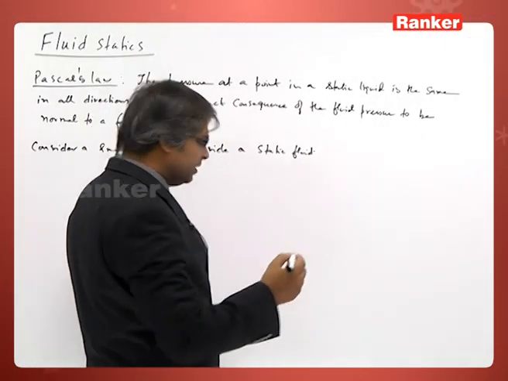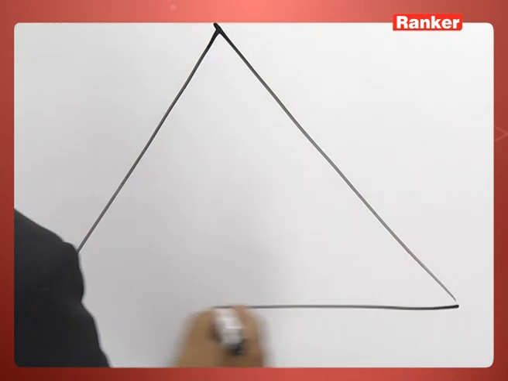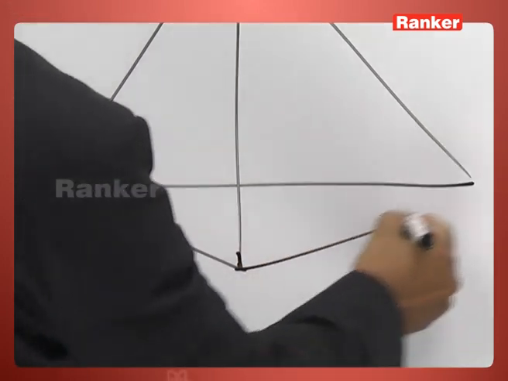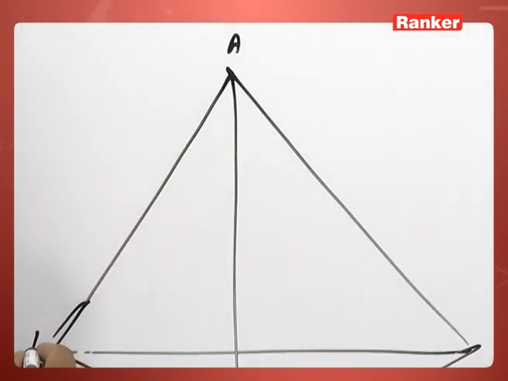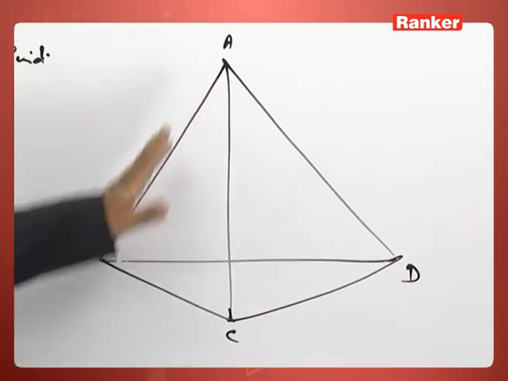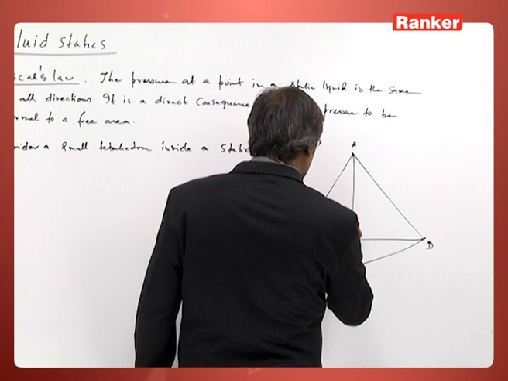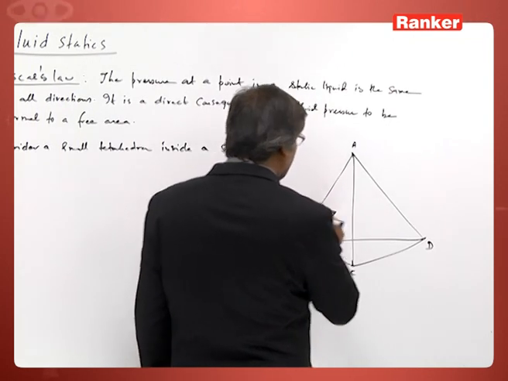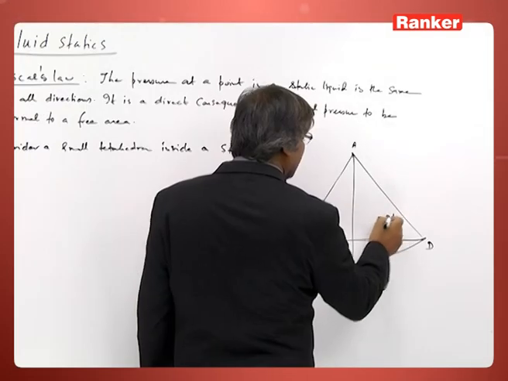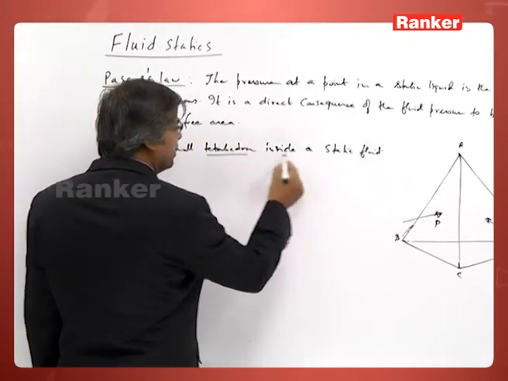Imagine a tetrahedron which is like this, and let us name it A, B, C, D. You can see ABC is a face on which the pressure P is acting, and on the face ACD the pressure is P dash.